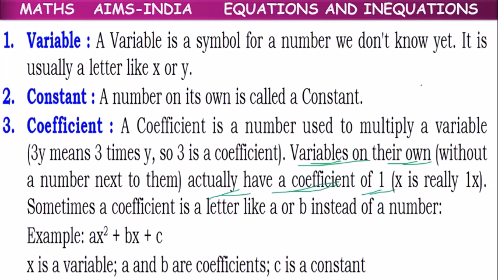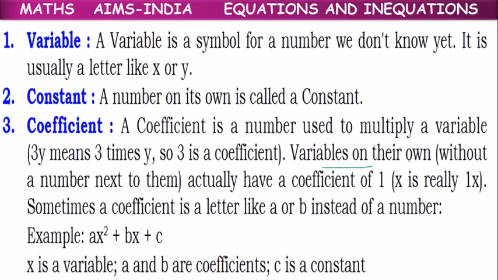Suppose you have a variable x and before that there is no coefficient, so by itself it has coefficient 1. If there is nothing, we have to assume there is 1. So x can be written as 1 into x, where 1 is the coefficient.